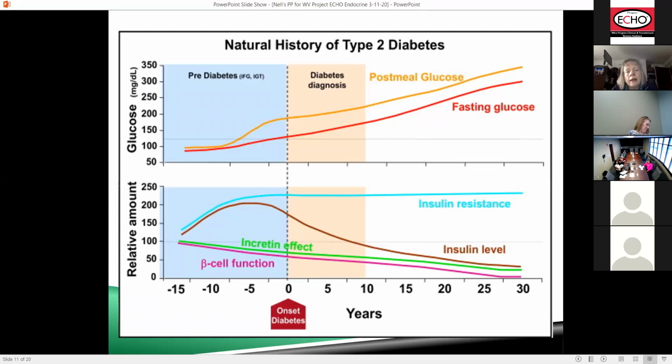We also know that losing a little bit of weight will help the insulin resistance, and that exercise helps insulin resistance. So if at this time in a patient's life we can get them to change their lifestyle to help these things, now's the time to do it.